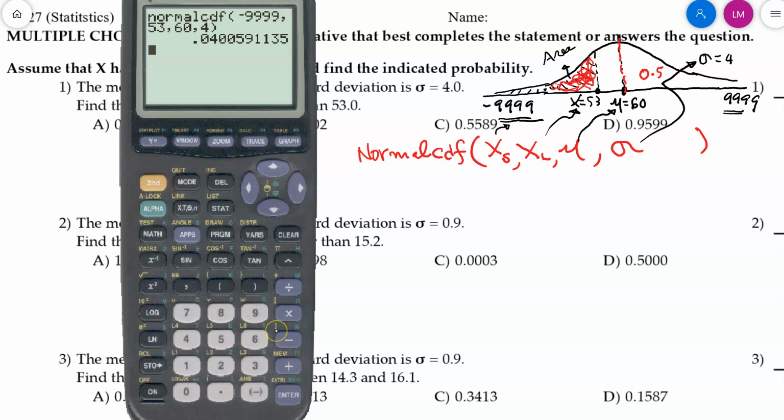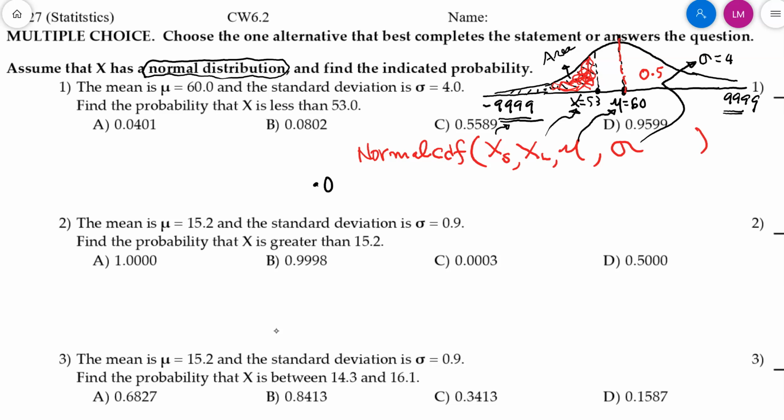Then that will give the answer 0.040059. Now every answer has 4 decimals, so I'm going to round to 4 decimals.